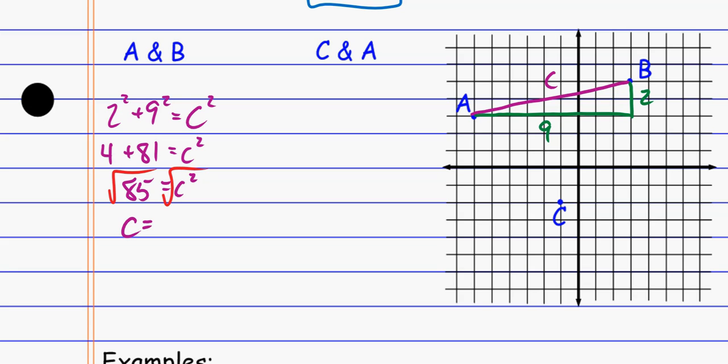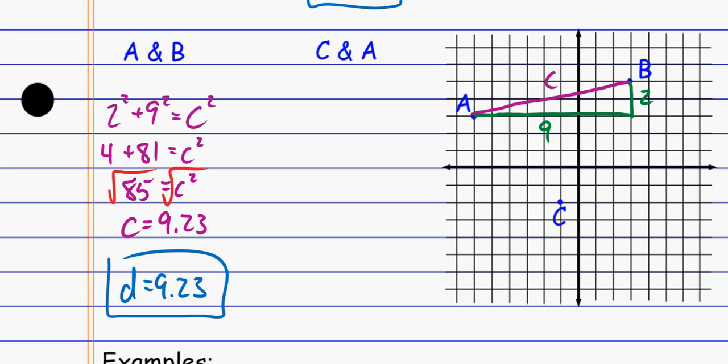So here I get c equals, and this is a job for my calculator, the square root of 85. We'll just round it off. That gives me approximately 9.23. So again, that's the distance. The distance this time is 9.23, the distance from A to B. But I used a right triangle to find that.